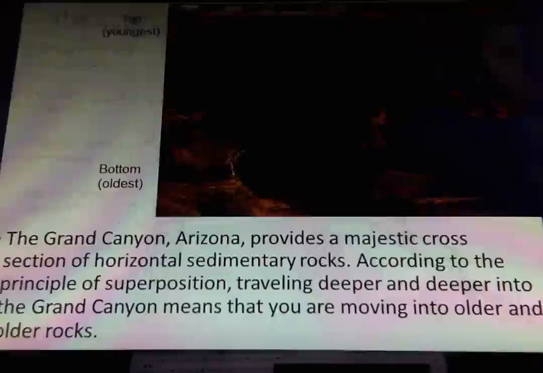Okay, good. So here you have an image of the Grand Canyon. And it is an excellent example of showing us the different layers that exist. In our last class, I mentioned that this was a very slow process.